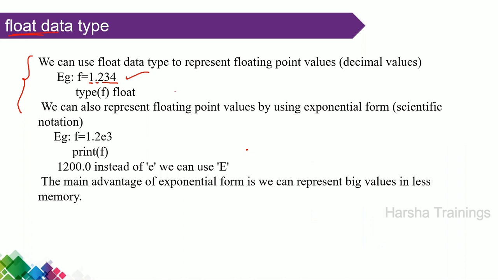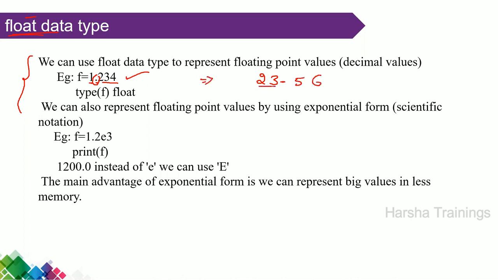For example, if you have real numbers, we have to represent the real numbers in mathematics or in programming, whatever it is. So floating numbers are called real numbers. Generally, every real number must contain a decimal point. Assume 23.56 is a real number.